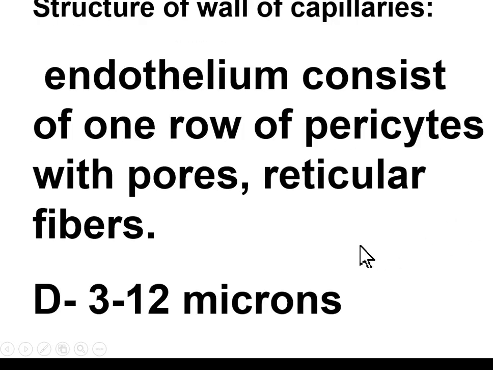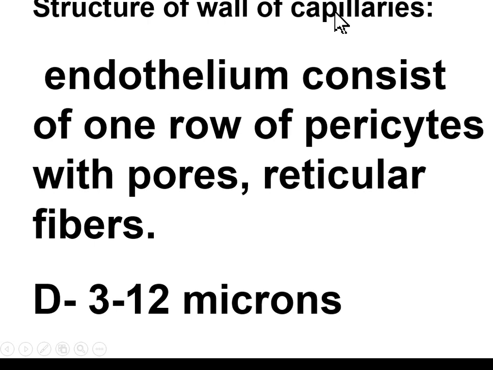Structure of the wall of the capillaries. The endothelium of the capillaries consists of one row of endothelial cells with pores, and between them reticular fibers. The diameter is very small, from 3 to 12 microns.